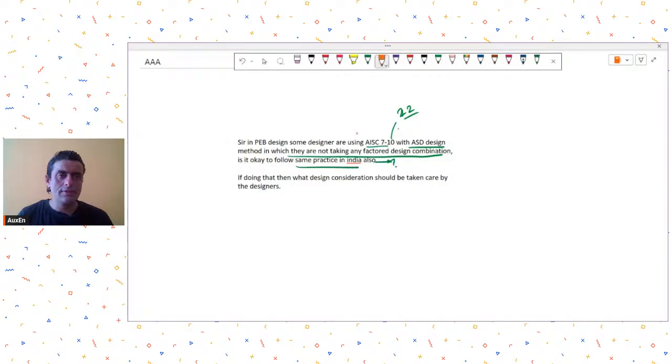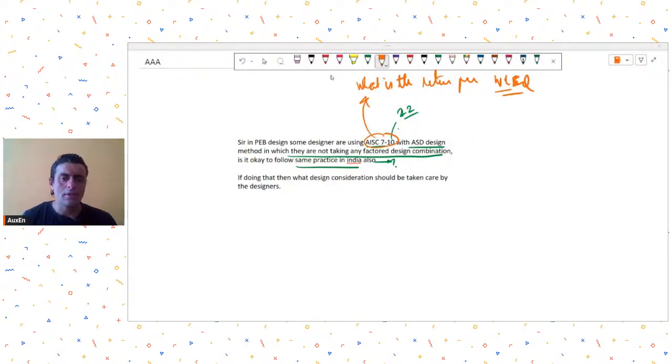So see, if the AISC 710, I think you need to check what is the return period that they have used for wind and seismic. You check that first. Wind and EQ, what is the return period that they have used? Because I think in ASCE 710 they made that change and they started using a higher return period for their lateral loads.